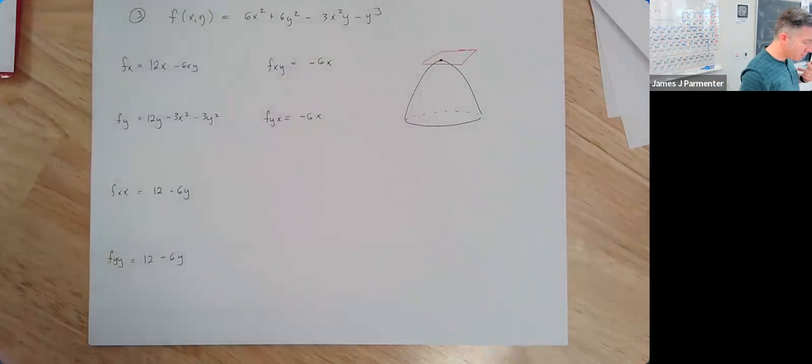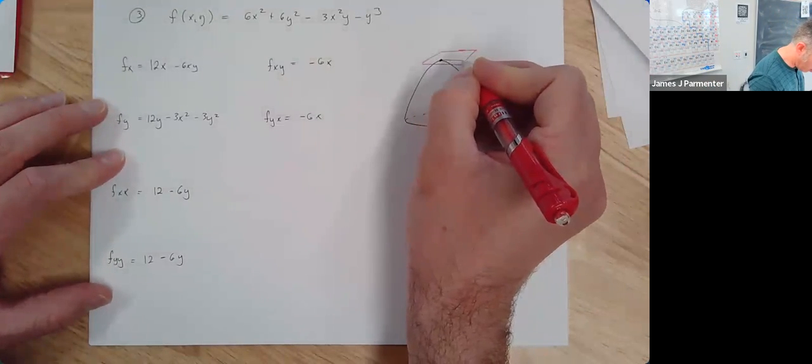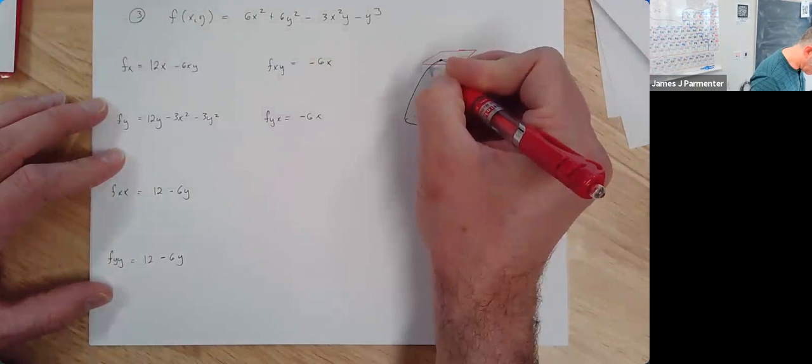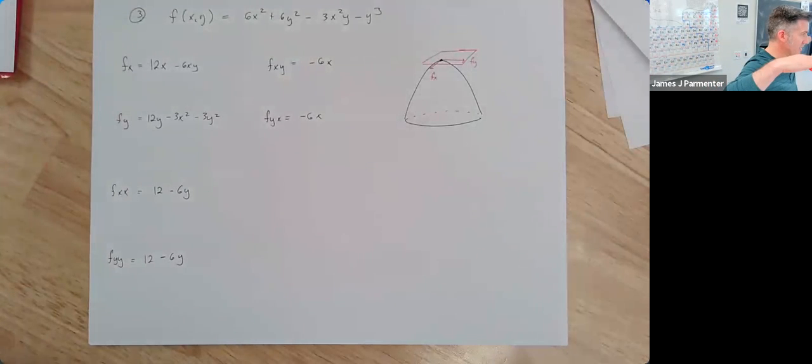But what you can think about here is that on this plane, both the derivative in the y direction and the derivative in the x direction are both horizontal things. Those derivatives are both equal to 0.